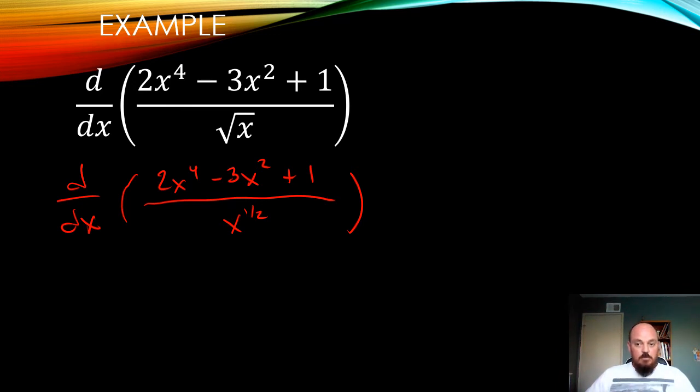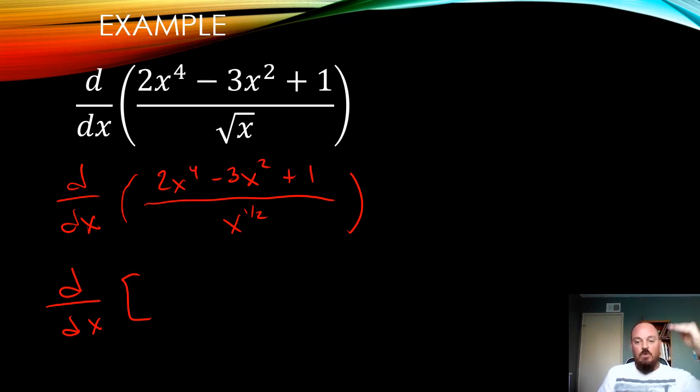Now, I still can't do the problem. It's still a fraction, but if you're doing derivatives, you want to get into that habit. Anytime you see a square root, just rewrite it as a 1/2 power, so hopefully we can do power rule. But I want to do one more step. I'm going to take that x to the 1/2, which is in the denominator, and move it up to the top and make it a negative 1/2, because remember, that's what negative exponents do.